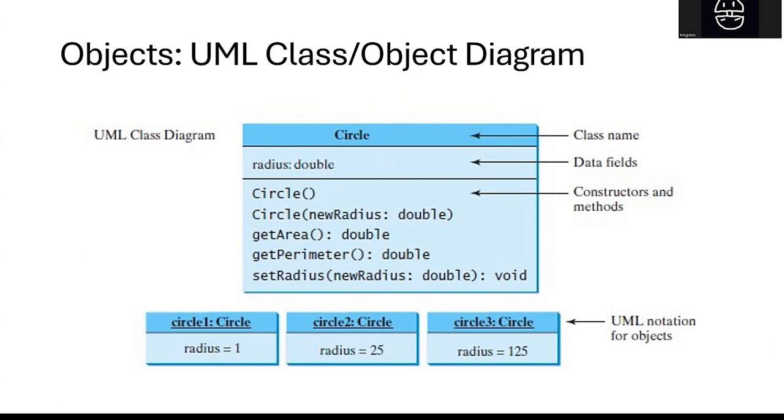No. So this class diagram is usually designed for engineers to be able to understand what is available in the class. As for how this class is implemented, you don't need to know. You just need to know how to use the class. Just like when I call the Point class, I don't need to know how the AWT really designed the Point class.